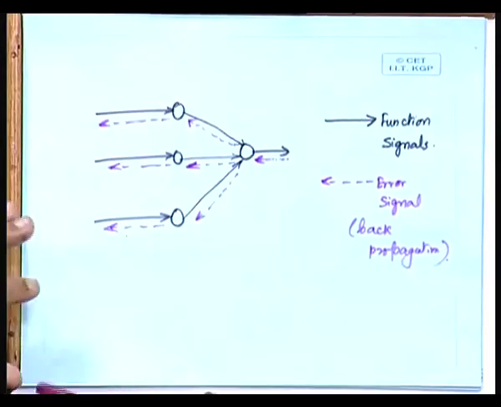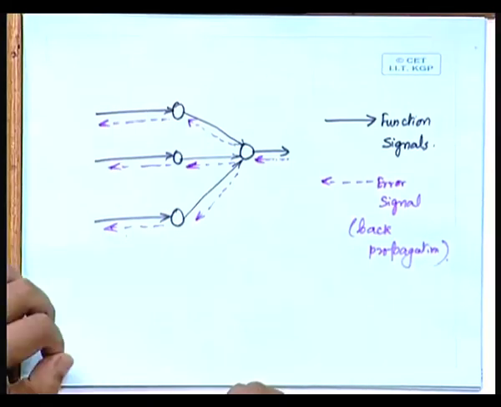Now, let us go over to the beginning of the back propagation algorithm. The beginning of the back propagation algorithm would look very similar to the weight updating equation, or what we called the delta rule for the case of single layer perceptron.